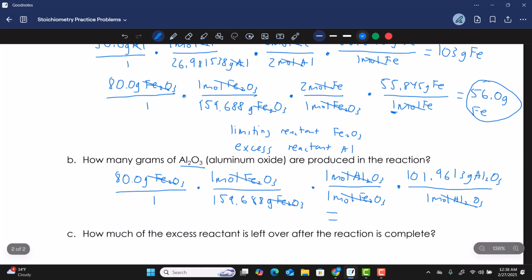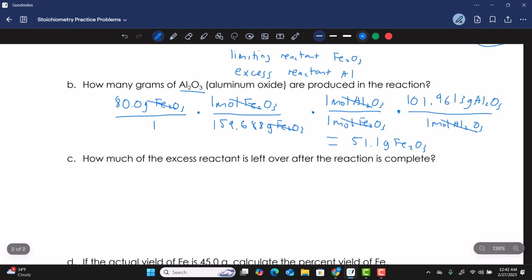So we can type all this into our calculator. And we would get 51.1 grams of Al2O3.